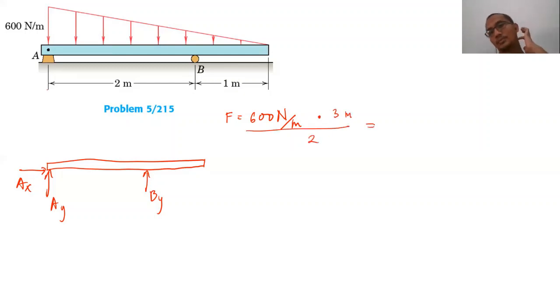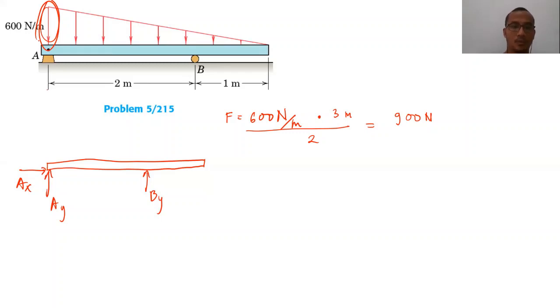The value there is supposed to be 900 Newton. And where are we supposed to put it? We put it 1/3 from the bottom of the triangle.